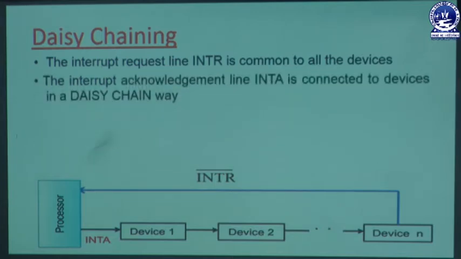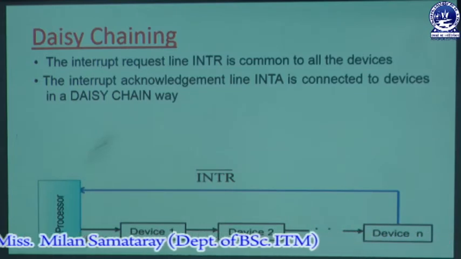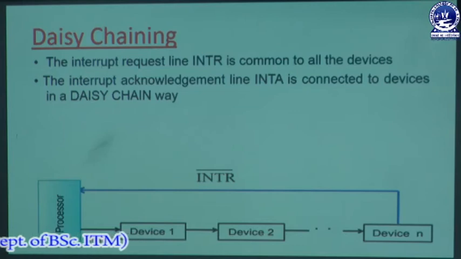The next point is that the interrupt acknowledgement line, INTA, is connected to the devices in a daisy chain way. Daisy chain means the devices are connected in a chained manner, one after another. The device which is closer to the processor has the highest priority, and the device which is far away from the processor has the lowest priority.